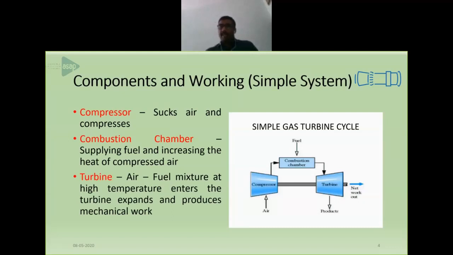Another important thing we have to understand is there is a turbine and a compressor. How does the compressor work? The compressor needs some energy because all compressors should have a prime mover. Normally, the compressor will be connected to the turbine using shafts. So a part of the energy produced by the turbine is used by the compressor.